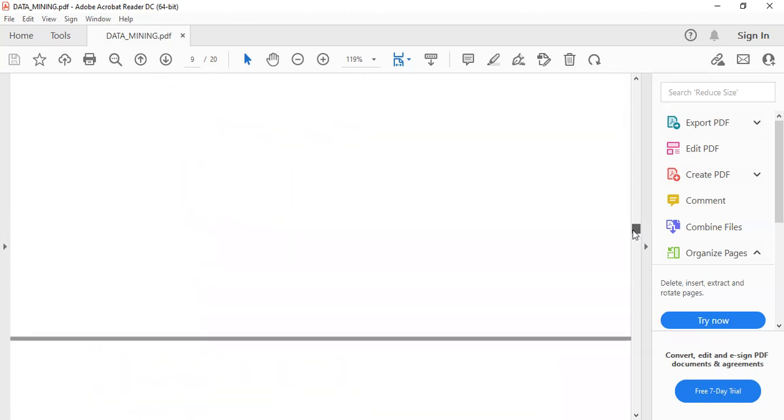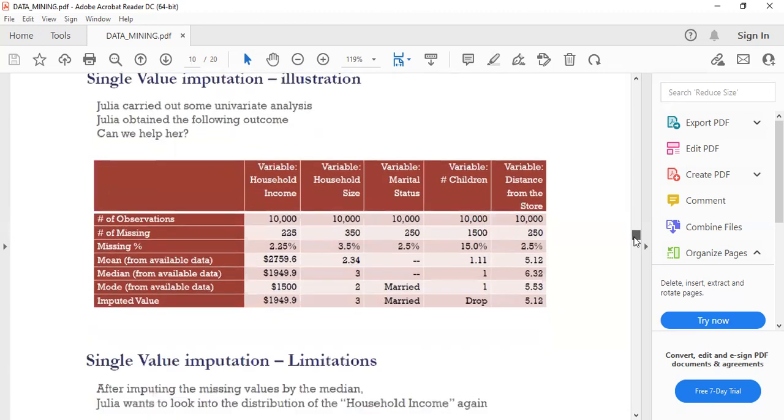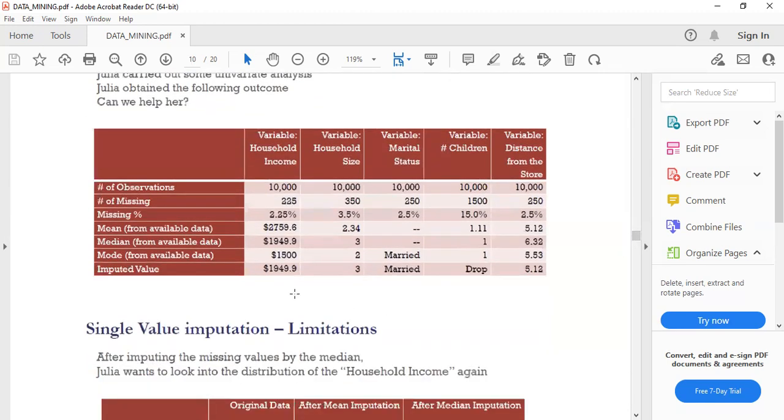So what is your imputed value? You can give this imputed value. Look, here you can choose the median because the median is lower compared to the mean.